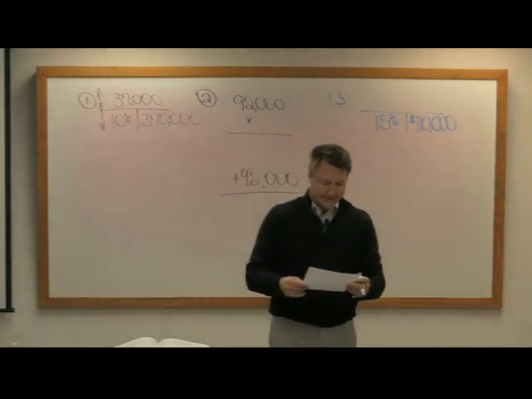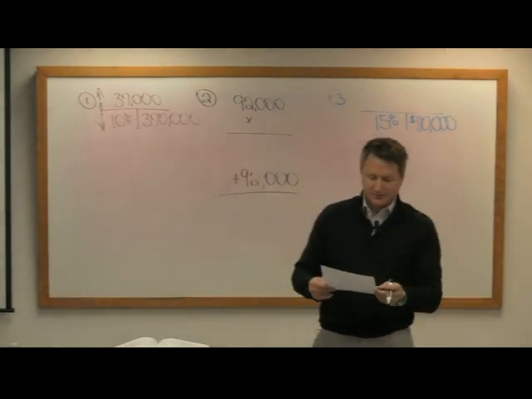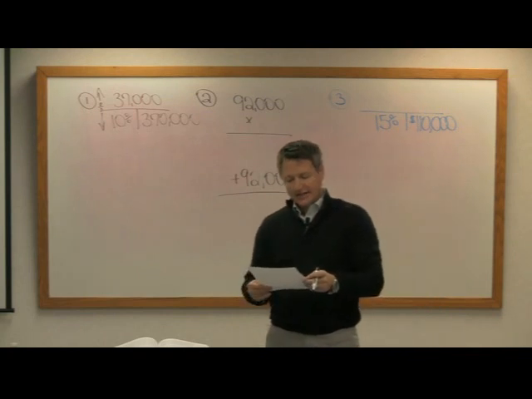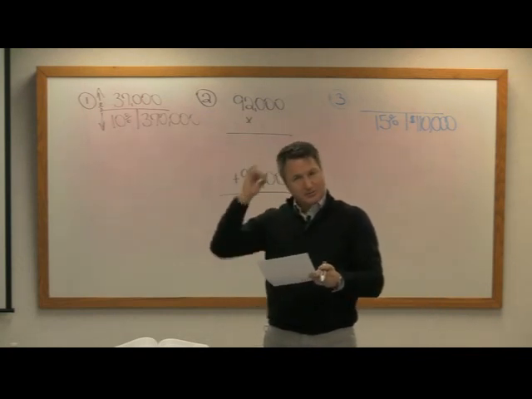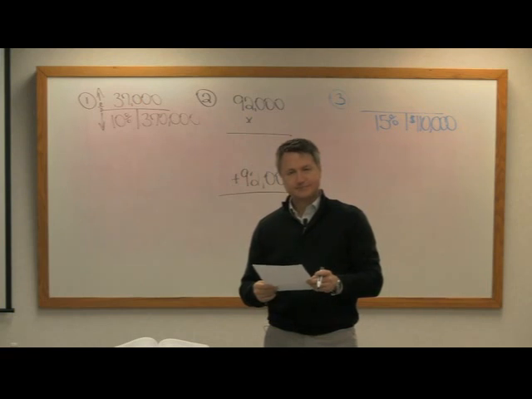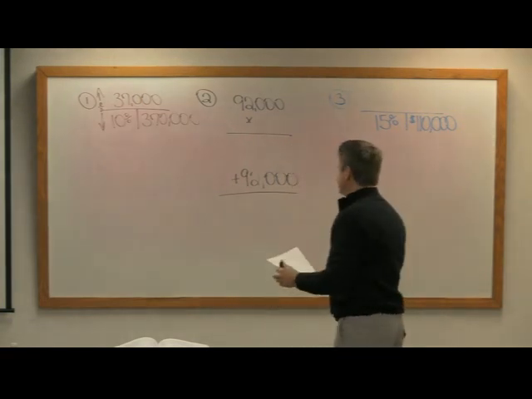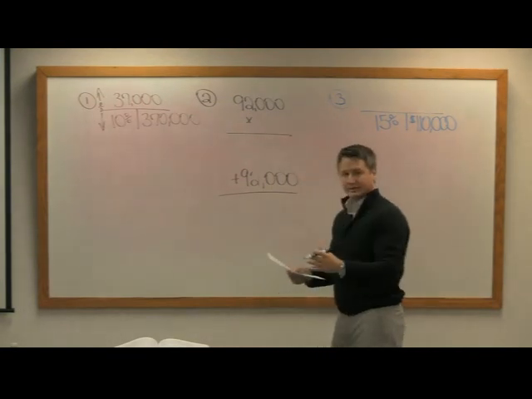Number 2, if an owner paid $92,000 for her property and now wants to sell it at a 19% profit, what must the selling price be? There you go. So here's one way that we can do it.